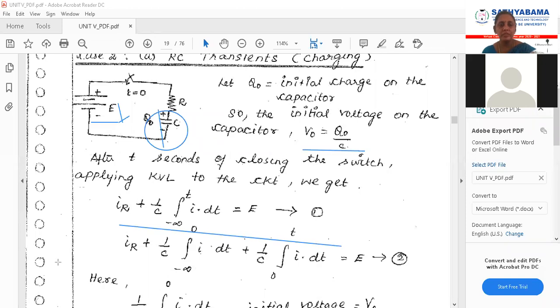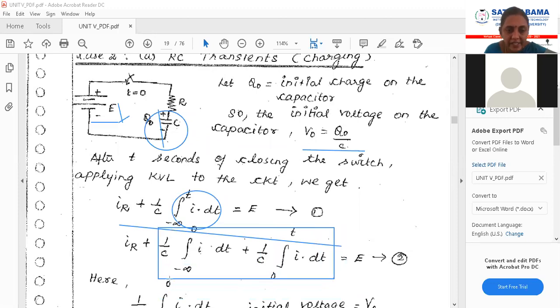Now this integral from minus infinity to t, whatever we have written here, will be split and written into two parts: minus infinity to 0 and 0 to t. We are splitting it into two terms because we know the initial value.